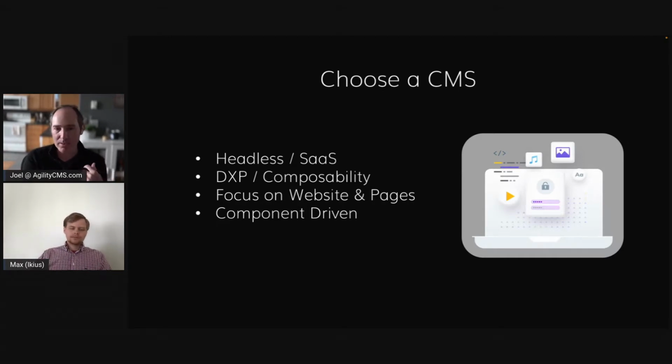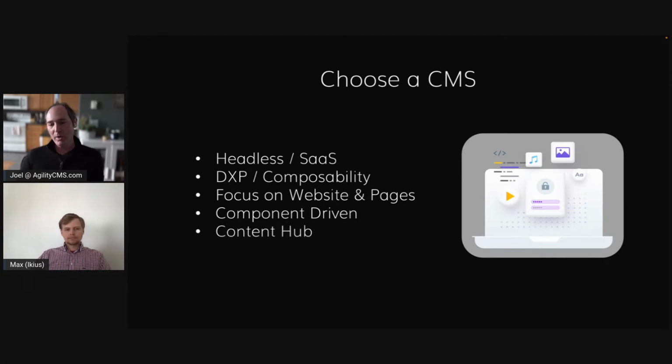Folks like Max and his team will generate design systems and build components. We're going to talk about frameworks in a second, but they're going to build these visual components that need to be driven by the CMS. And you want to make sure that the CMS works well within that system. There are lots of different things you want to look at when you're evaluating to make sure that it works with a component-driven design. It's a really key factor.